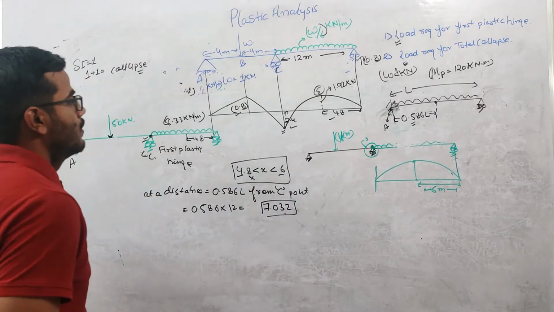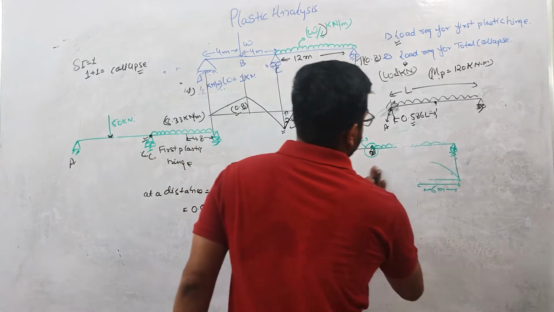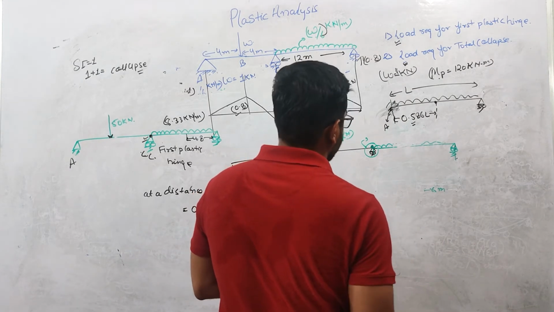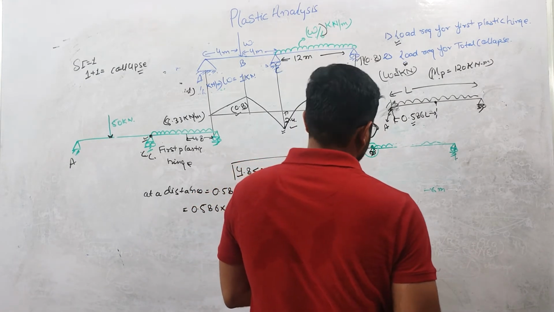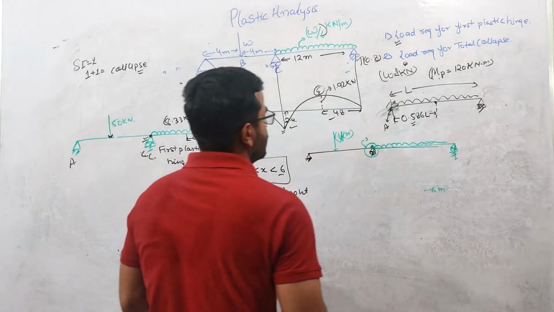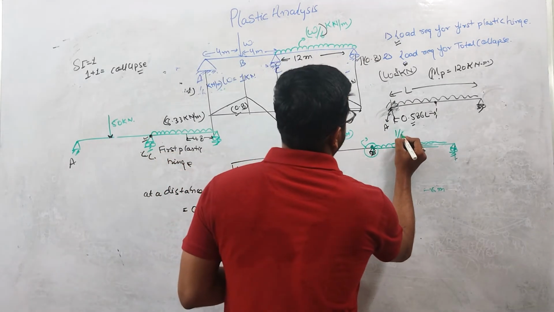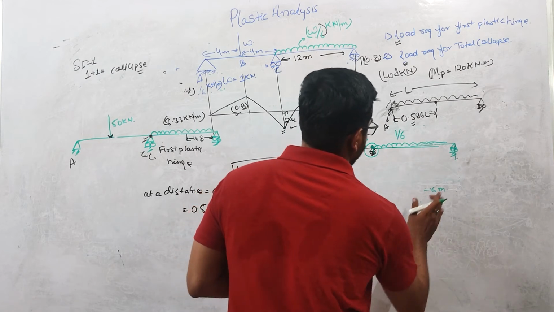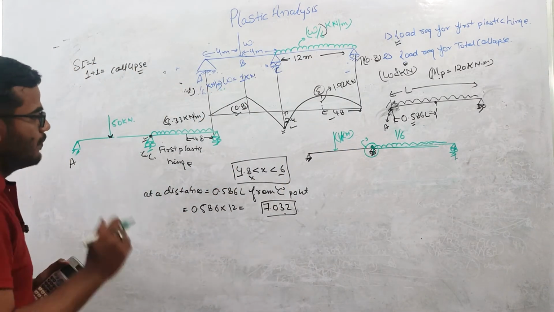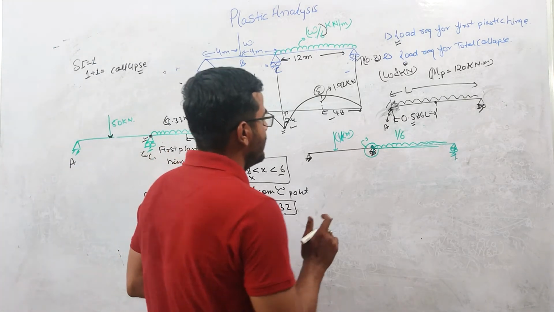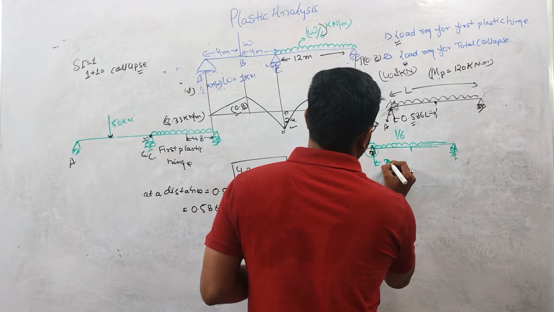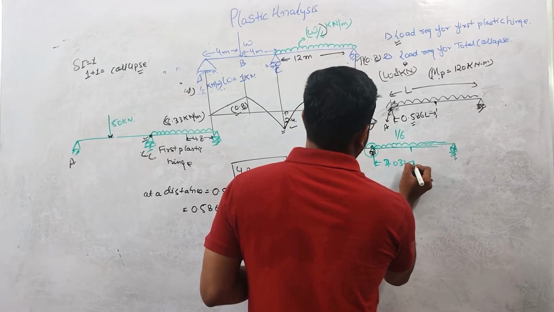Okay, so this is the case. After the formation of the first plastic hinge, again you are applying a load of 1/6 kilonewton per meter, right? So we have now discussed that the plastic hinge will form at a distance of 7.032 from this point C.